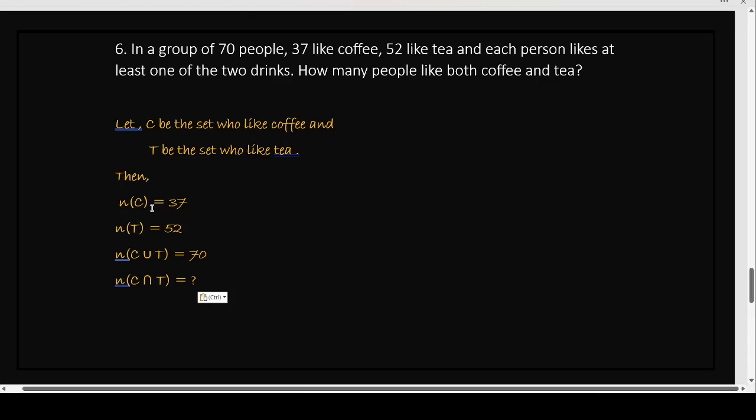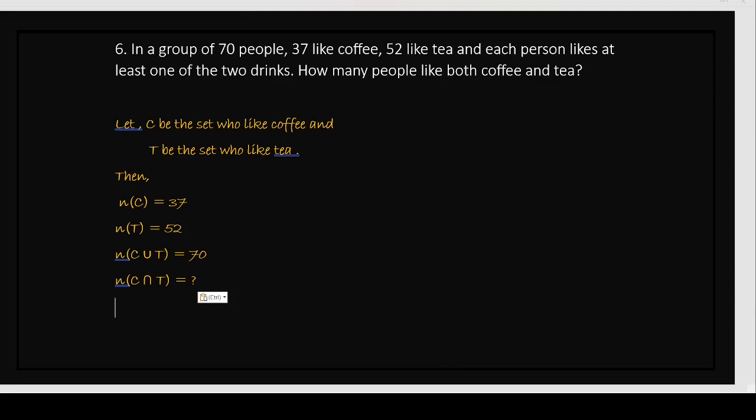We will write down the values as per the set notation. Here n(C), the people who like coffee, is 37. n(T), the people who like tea, is 52. And n(C union T), the total number of people who like at least one of the drinks, is 70. Now we'll get the equation and substitute the values.